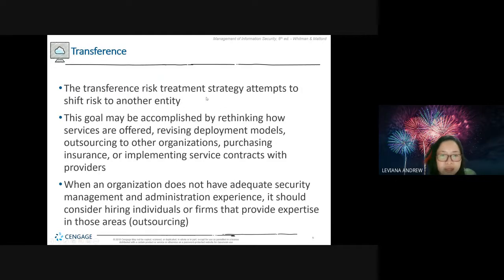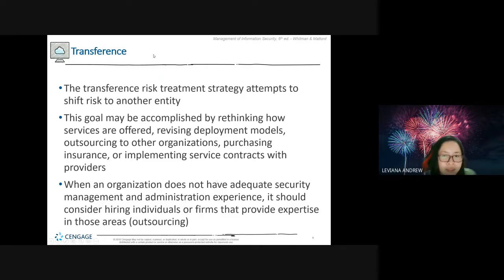The transference risk treatment strategy attempts to shift risk to another entity. It can be accomplished by rethinking how services are offered, redesigning deployment models, outsourcing to other organizations, purchasing insurance, or implementing service contracts with providers.